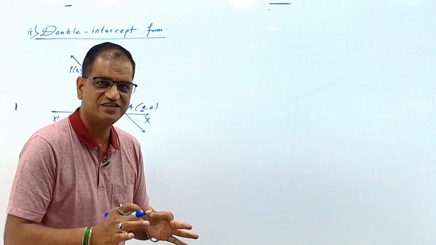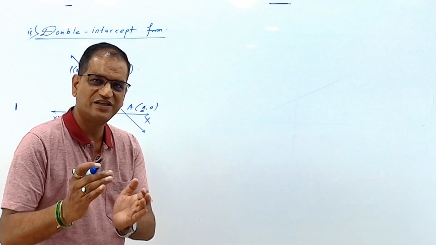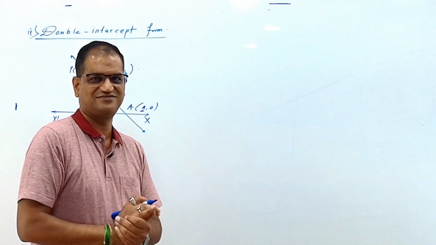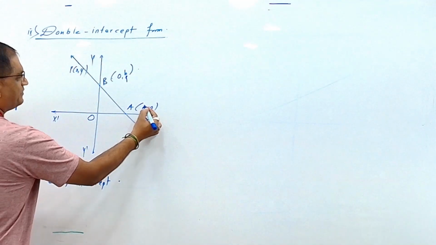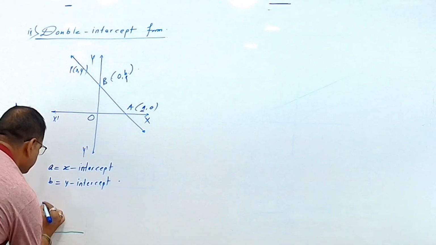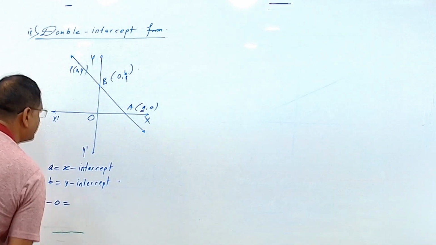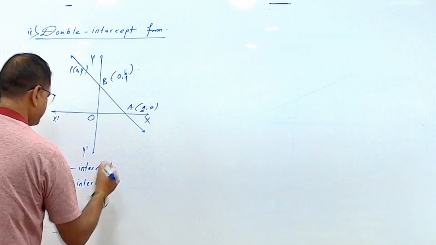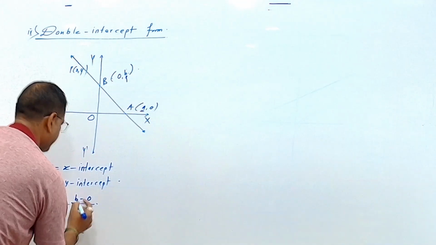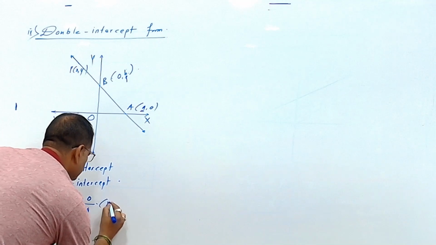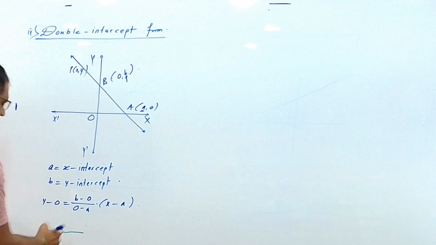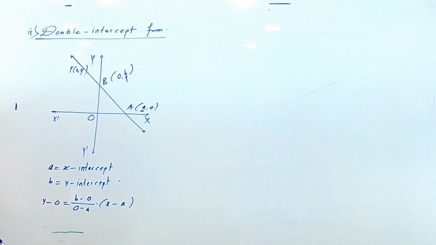y minus y1 equal to y2 minus y1 upon x2 minus x1, x minus x1. So here I am taking x1 y1, x2 y2. So it's y minus 0 equal to b minus 0 upon 0 minus a, x minus a. Can I cross multiply minus a on this side?